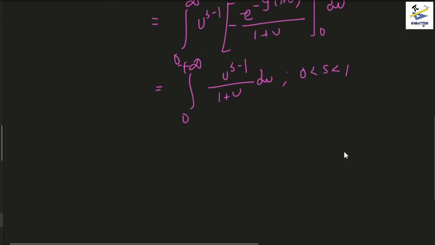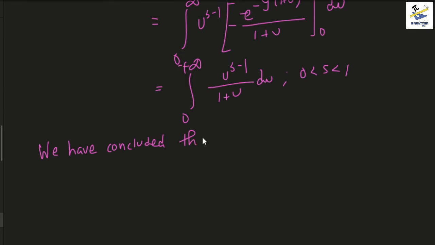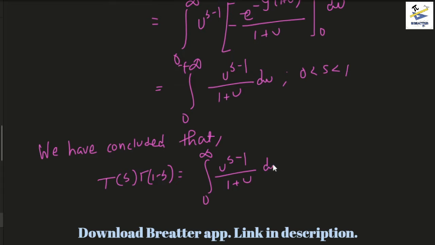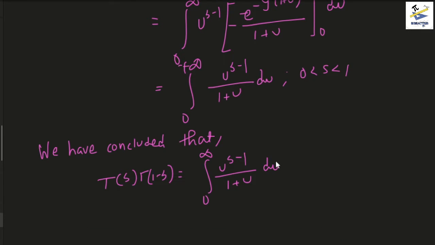Therefore, from this whole operation, what we have concluded is that gamma of s into gamma of 1 minus s is basically 0 to infinity u to the power s minus 1 divided by 1 plus u.